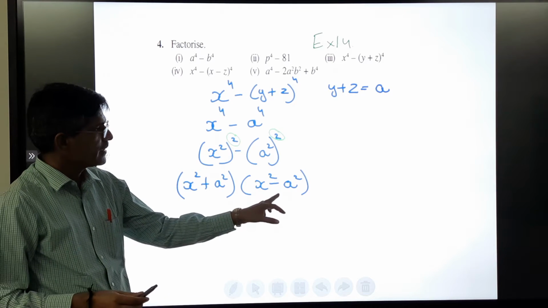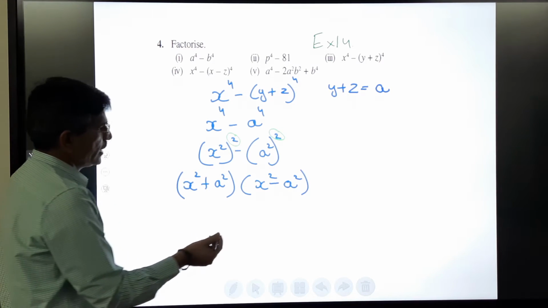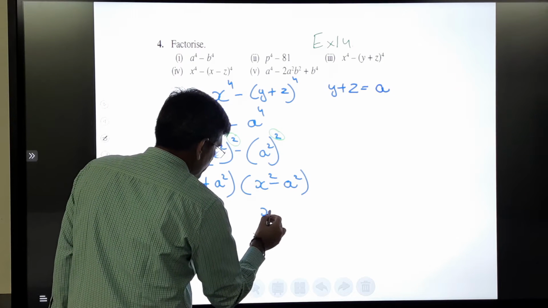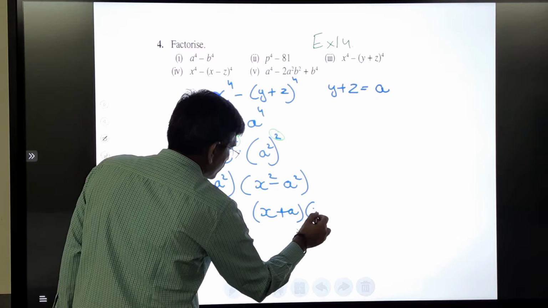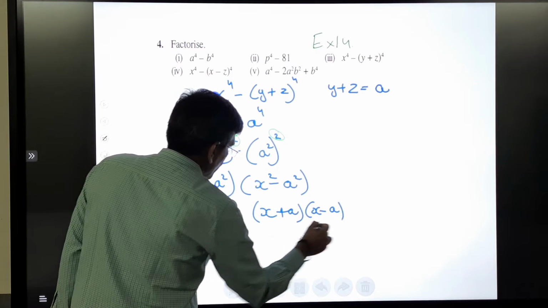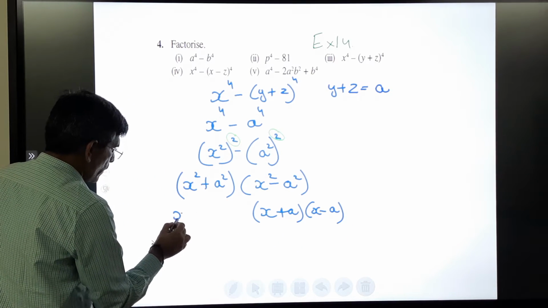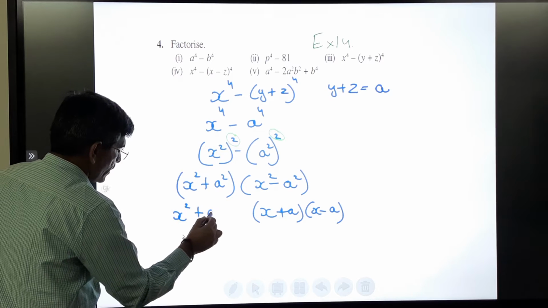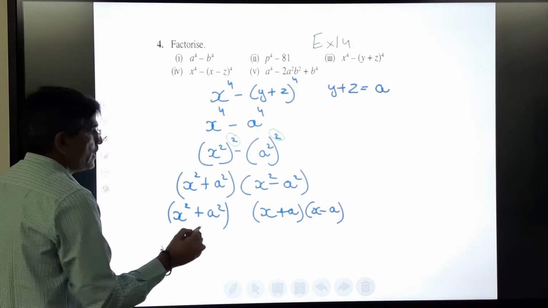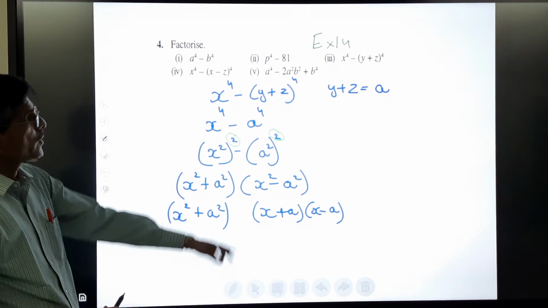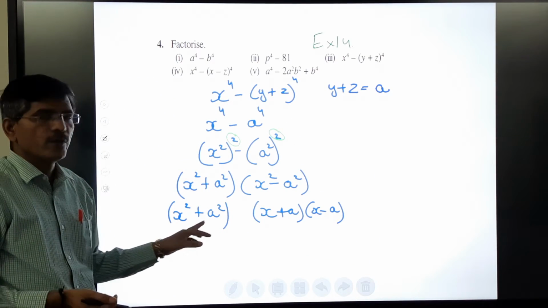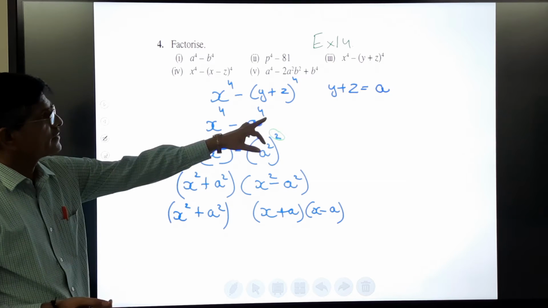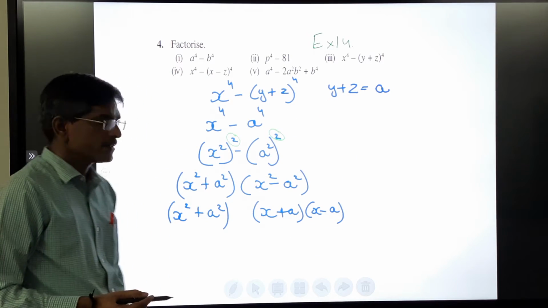Again x square minus a square, so split into two factors, that is x plus a and x minus a. Here we have to put as it is x square plus a square. But if you will see the question, in question there is no a. So what we have to do? We have to again put value of a, that is y plus z.